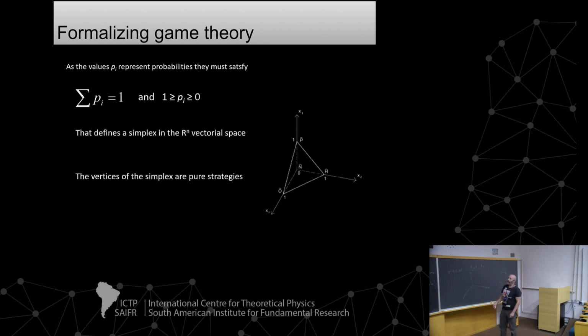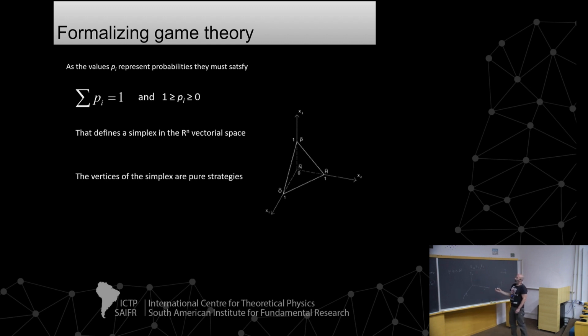Can each player have different probability vectors as well? Yes. The only thing that the players have in common is the same set of possibilities, but they can choose different mixed strategies. So suppose that this is 1, this is 1, and this is 1.